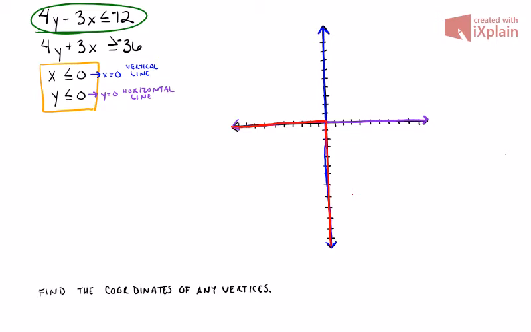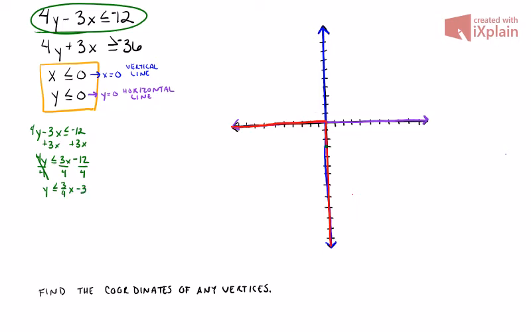So now let's go ahead and work with our first equation. So we have 4y minus 3x less than or equal to negative 12. I'm going to get that into slope-intercept form. I think by now we're pretty much pros at this. But we're going to add 3x to both sides, and then to get that y all alone, we're going to divide each term by a 4. So we get y is less than or equal to 3/4 x minus 3.